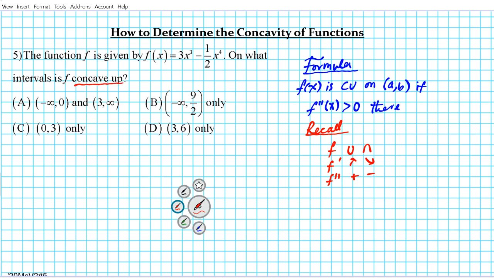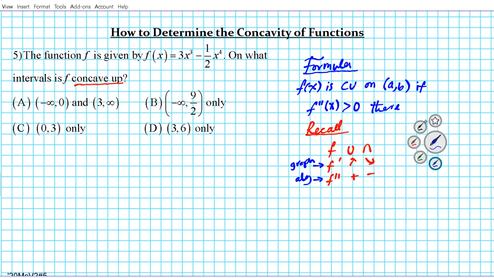If you think about the first derivative, it basically helps you with the graph. Let's say we're given a graph, then we can use the first derivative to determine where it's concave up. If you're given the graph of f prime, and f prime is increasing, then the graph is concave up. But we have an algebraic equation here, so we're going to be using f double prime and just looking for where it's positive.